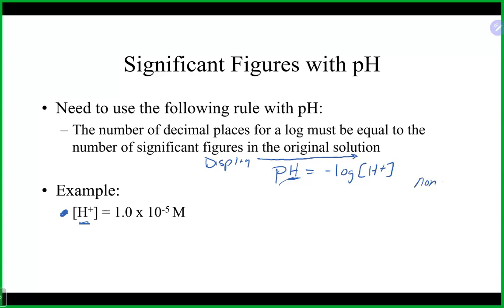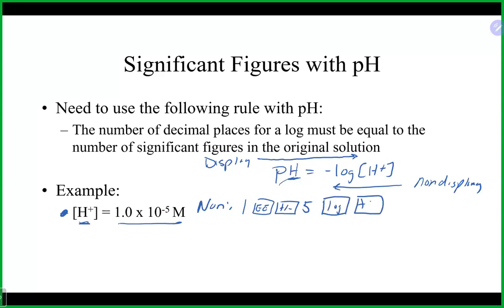If you have a non-display calculator like we do in this class, you punch everything in this direction. You would start with 1, hit your exponent button, hit your negative button, and hit 5, and that would be putting this number in correctly. You then would hit the log button, and then the negative button, and staring at you on your screen should be a 5.